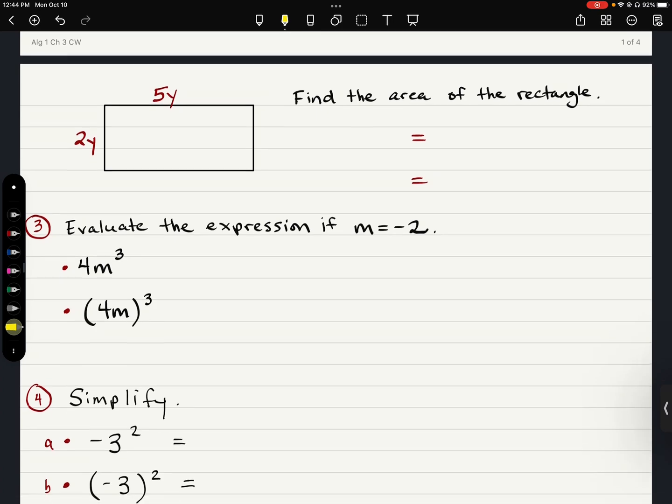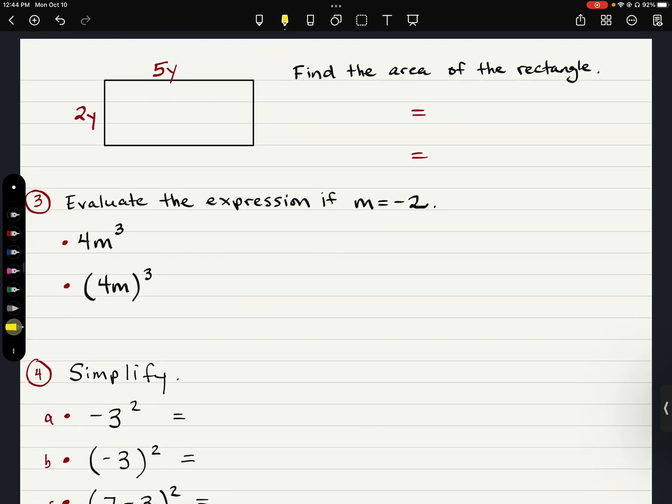Let's look at the second part of that example. We're going to find the area of this rectangle that has dimensions 5y and 2y. So again, remember, area is going to equal our length times our width. So our length on this one, we'll call that 5y. So we'll write that in here, 5y times our width, which is 2y.